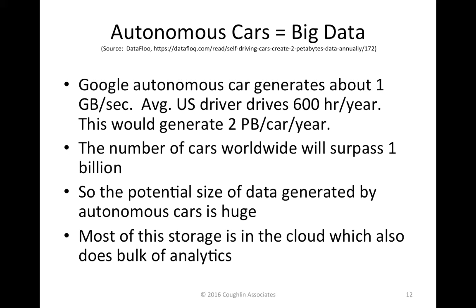And the number of cars worldwide will surpass 1 billion. So the potential size of data generated by autonomous cars, if these ever become common, is huge. And most of that data will end up being stored in data centers, that is the cloud, which also would end up doing the bulk of the analytics since they have the high performance processing available.